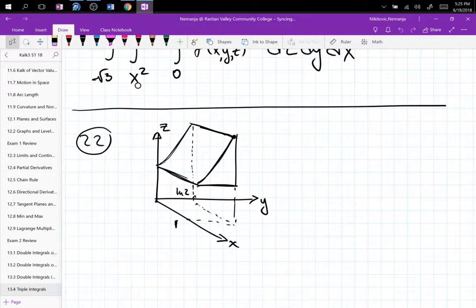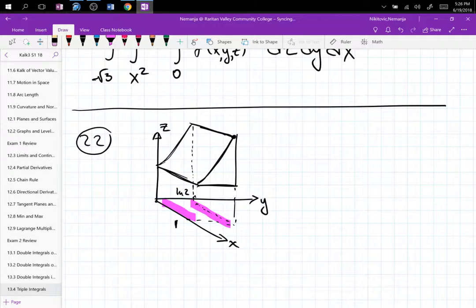Is that representing the shadow of the shape, though? The shadow of the shape would be this rectangle over here. So, for those of you trying to make sense of this, see the rectangle over here, ln2. This rectangle that looks like a parallelogram is actually the bottom of the shape.